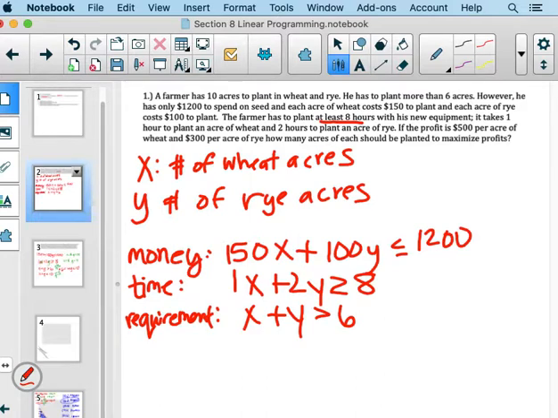Oh, very first sentence. I have 10 acres that I could plant, right? I own 10 acres to plant. Yeah. So I also have a requirement that x plus y needs to be less than or equal to 10. So 2 requirement inequalities there.